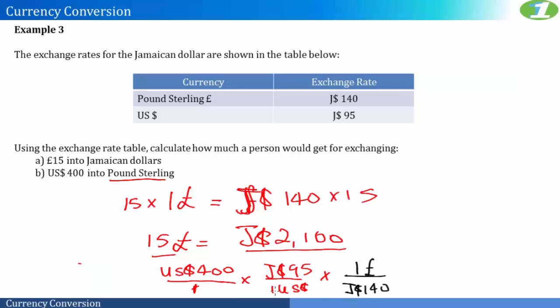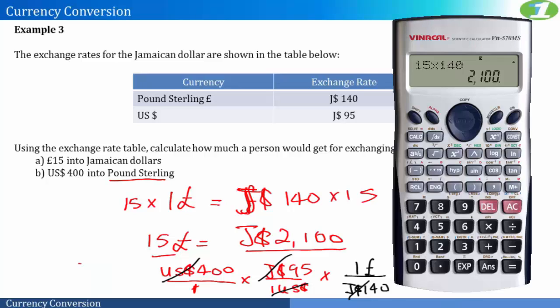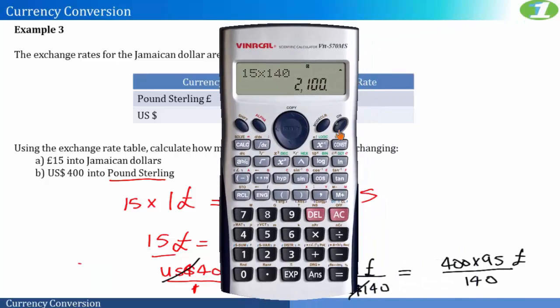And so this is an application of our chain rule. So this goes, this goes, this goes, this goes. And then at the top, you will end up with 400 times 95, and this is pounds, and here you would end up with 140. So we get 400 times 95 divided by 140.